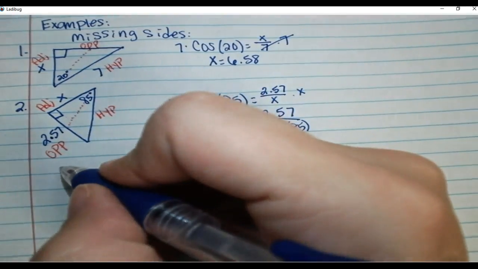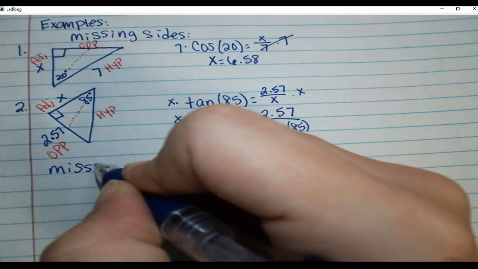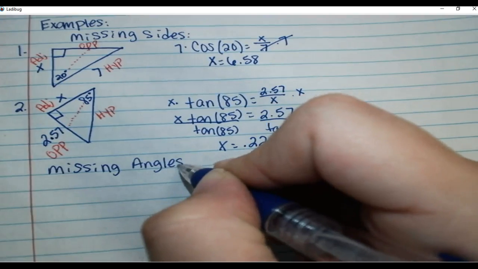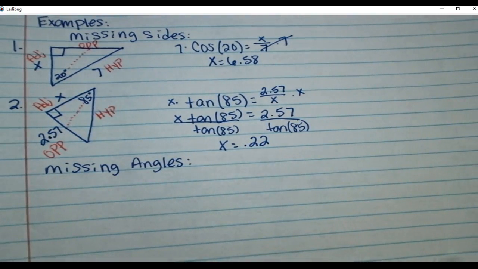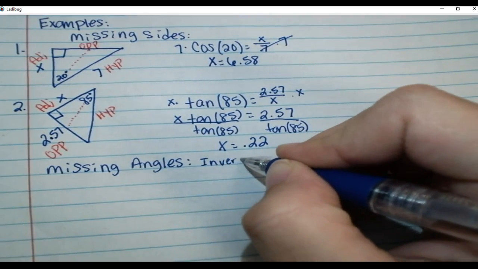Alright, let's find some missing angles then. So when we're finding missing angles, we have to use the inverse trig functions.